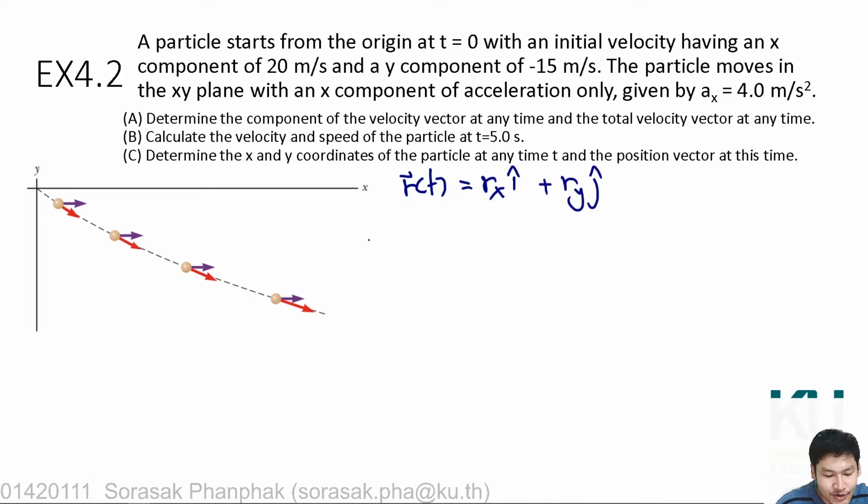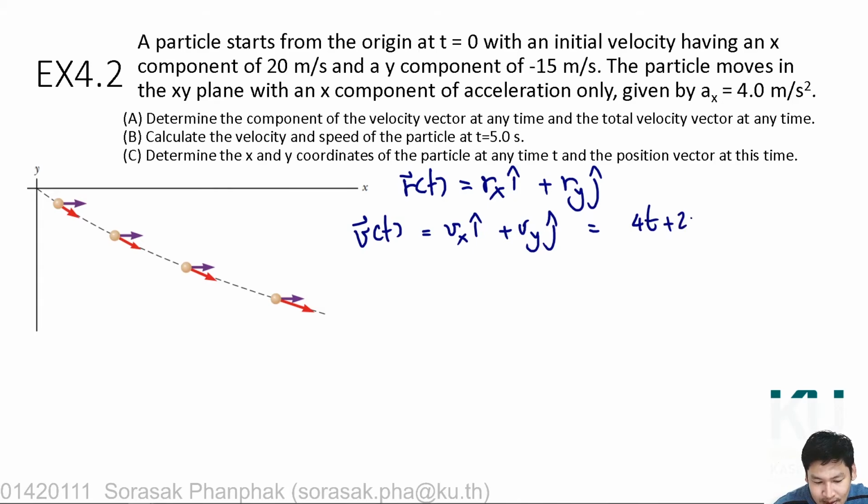And since you already know that v(t) is vx i plus vy j, which is equal to the previous one, (4t plus 20) i minus 15 j. This is meters per second, this is meters in unit. So we already know this.